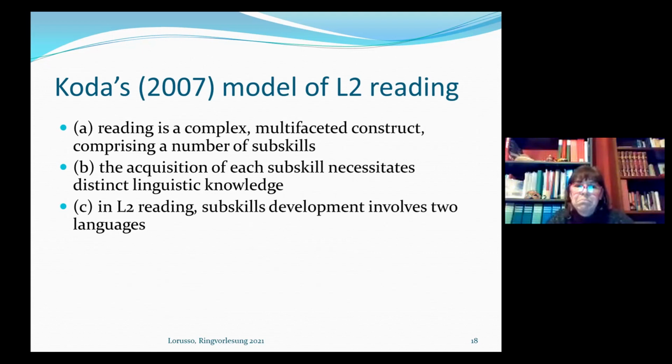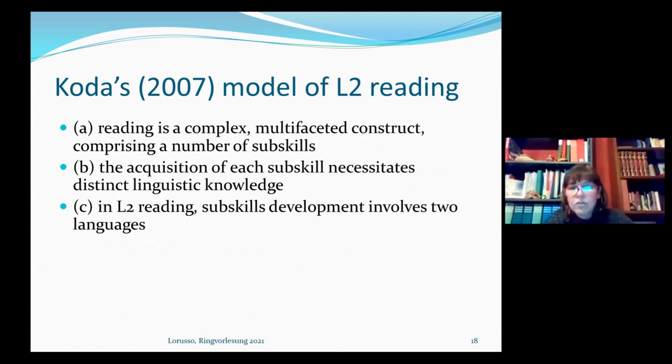CODA reminds us that reading is a complex, multifaceted construct comprising a number of sub-skills, so it's not one single ability. It requires the acquisition of those various sub-skills, which are affected by the linguistic knowledge from the two languages.